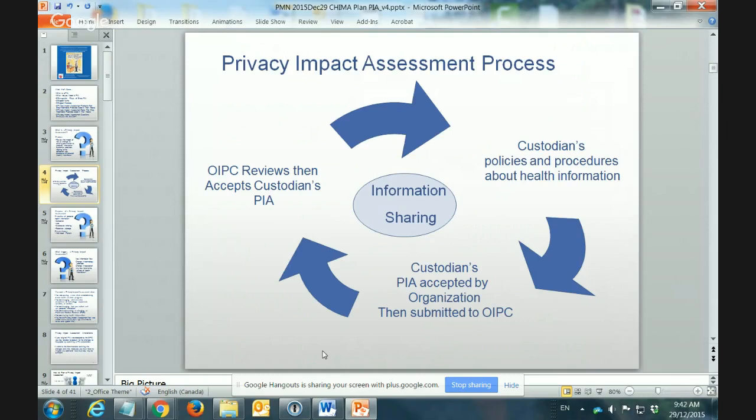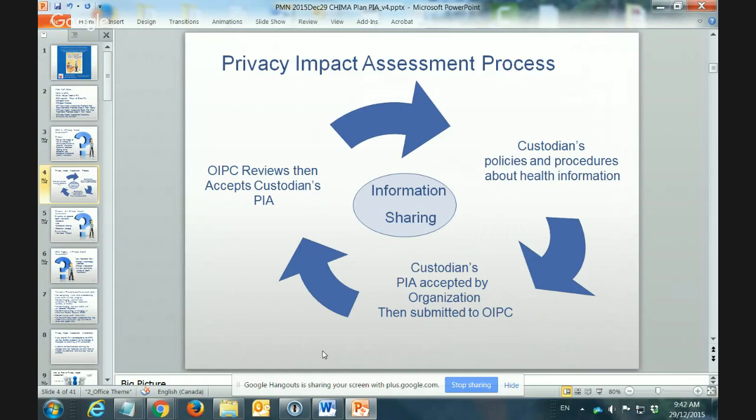The process is designed to ensure that the custodian or the authority representative for the healthcare region evaluates the new practice or proposed changes to ensure compliance with the Health Information Act, as well as assessing the broader privacy implications for professionals and for the individuals. Often, the privacy officer completes the privacy impact assessment. However, the custodian or the CEO is responsible for having the privacy impact assessment completed.